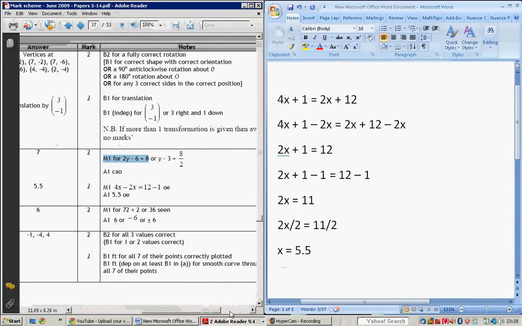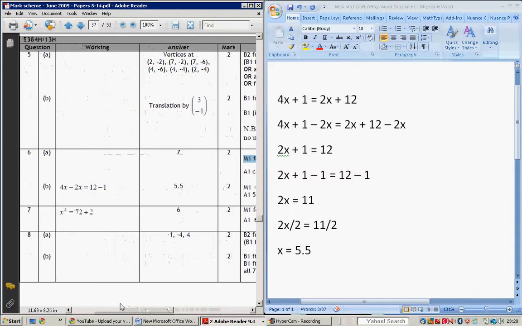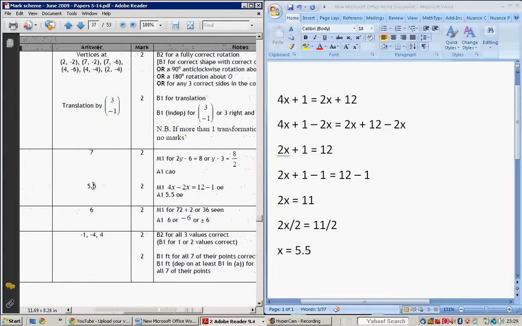Let's check the mark scheme to see if I've done this correctly, and I can see that I have. Part B, the working, something like 4x minus 2x equals 12 minus 1. We did that. We subtracted 2x from both sides, and we did 4x minus 2x and 12 minus 1. Left with 5.5. If you got 5.5, give yourself 2 marks.